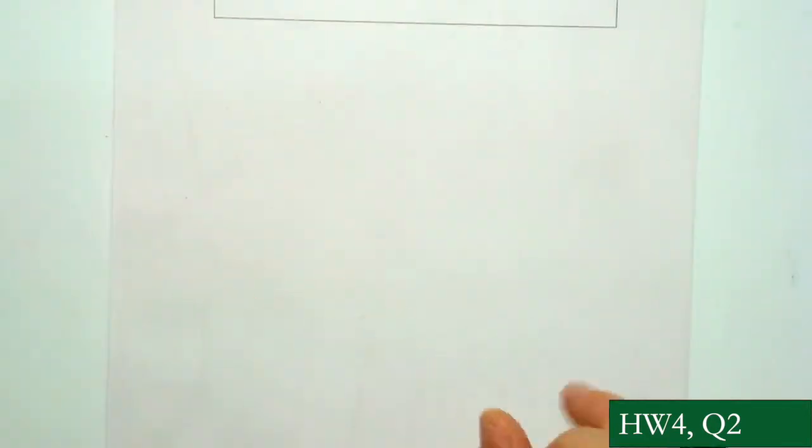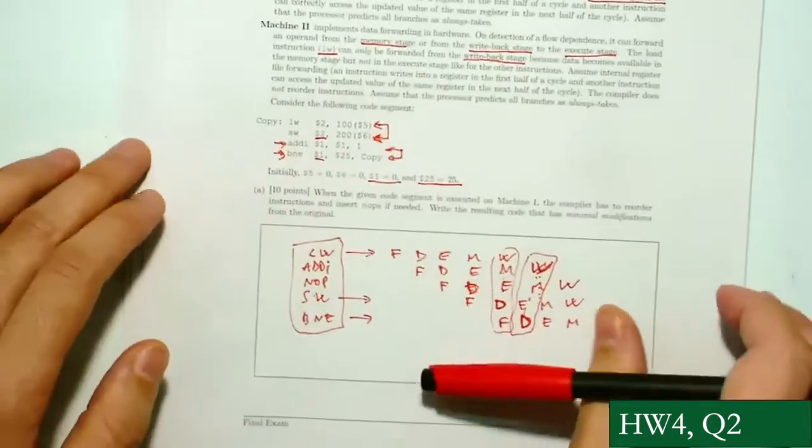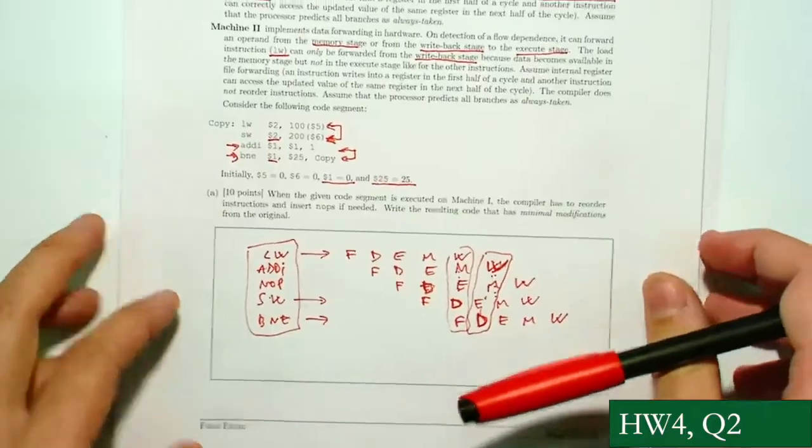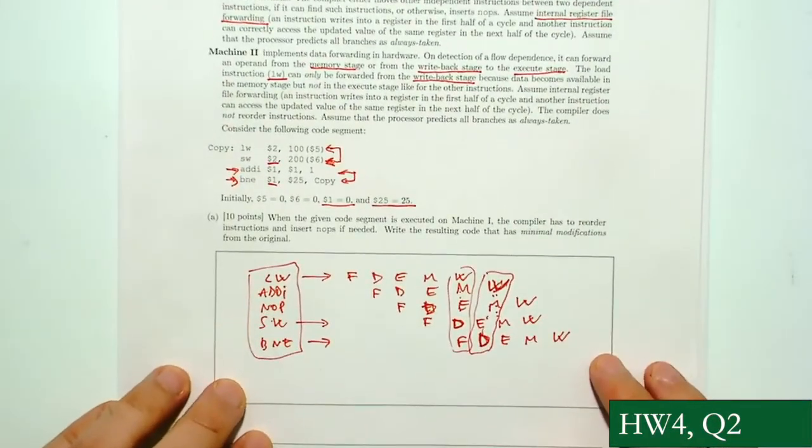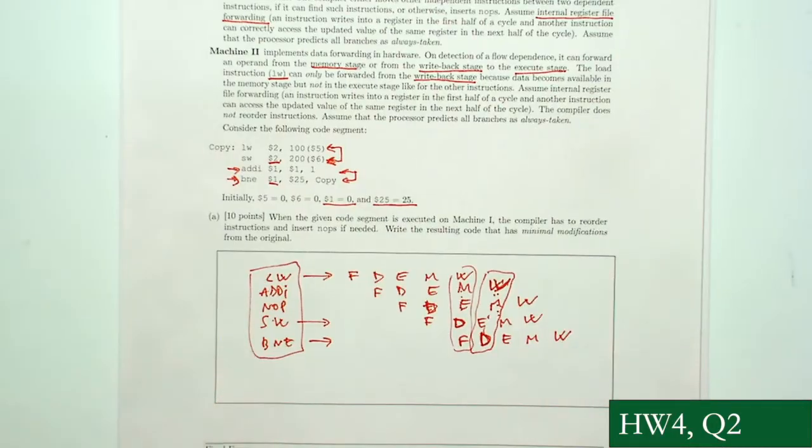So next question. What's not specified here is the branch resolution latency. Are branches evaluated in the decode or not? It doesn't specify here. Usually when something is not the case, it specifically says so, but here it's basically left out.